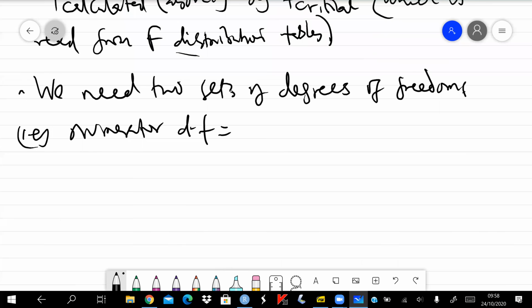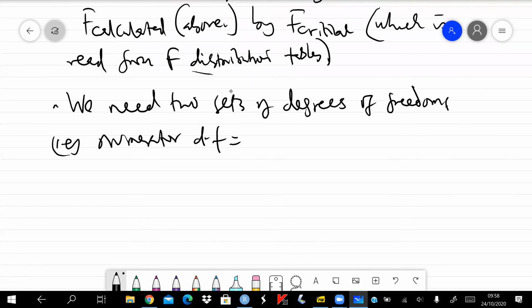So we have the numerator degrees of freedom, which is given by k minus 1, and the denominator degrees of freedom, which is given by n minus k. Later on, when I show you the F tables, you will see that there are degrees of freedom for the numerator and degrees of freedom for the denominator.